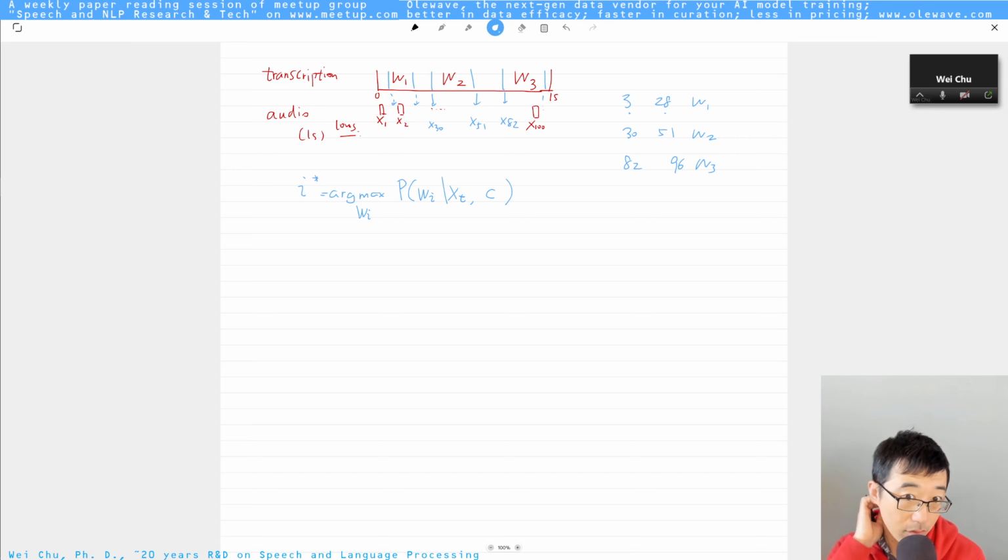That's the fundamental issue. People may say, wait, what do you mean by the condition here? It doesn't make sense to just look at the frame by itself, because a word is always in a contextual sense, and it depends on adjacent words and sometimes the whole utterance.